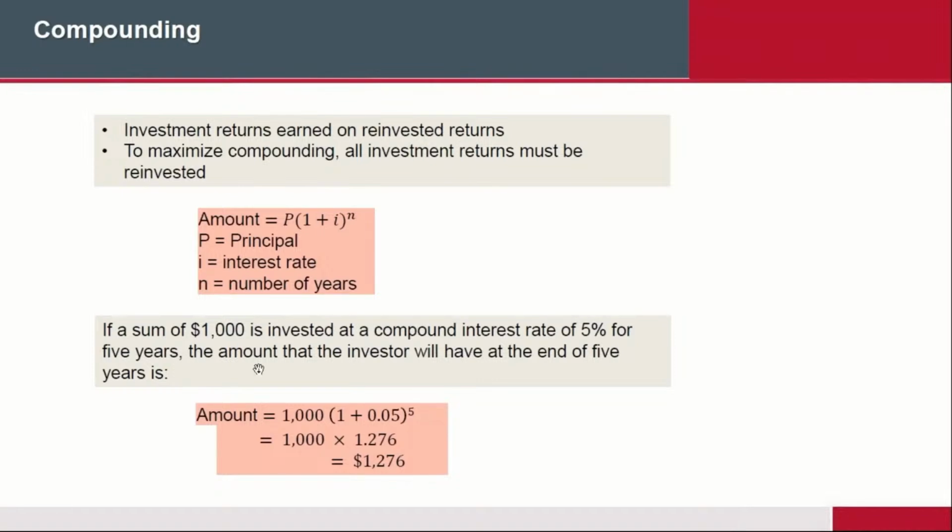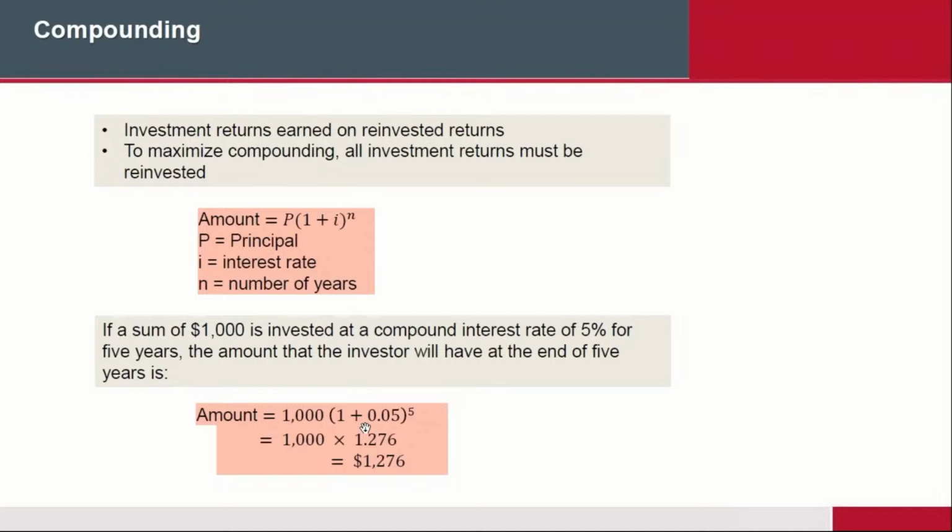This is where I want to stop for a moment and explain what's inside this bracket. It is not 5 times 1.05. That's wrong. It is 1.05 multiplied by itself 5 times. In other words, it's 1.05 times 1.05 times 1.05 times 1.05 times 1.05.